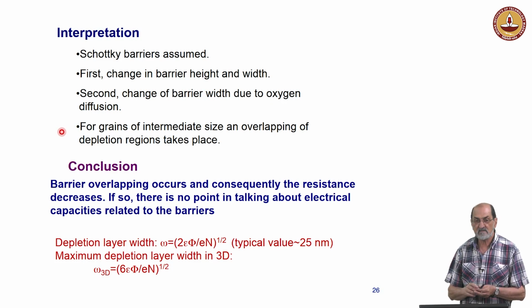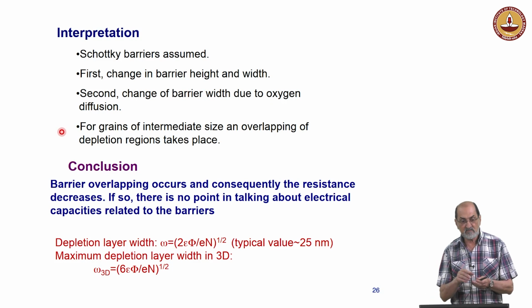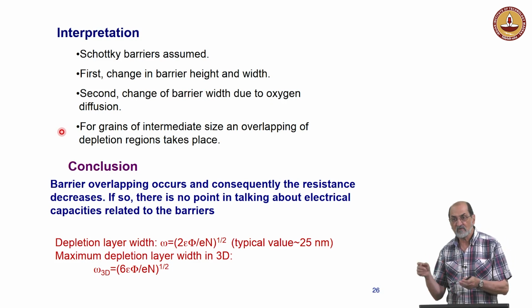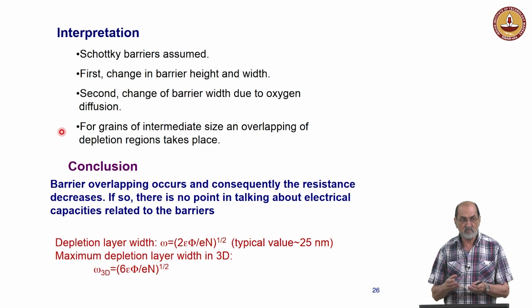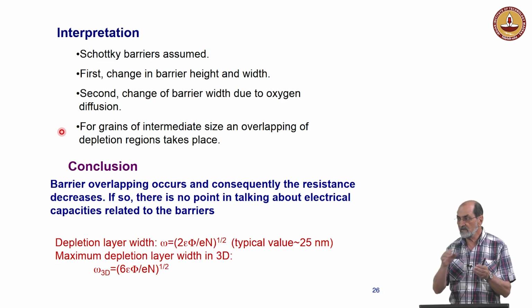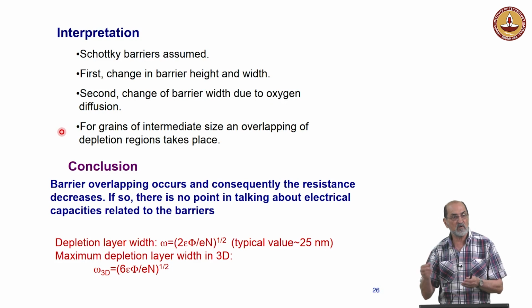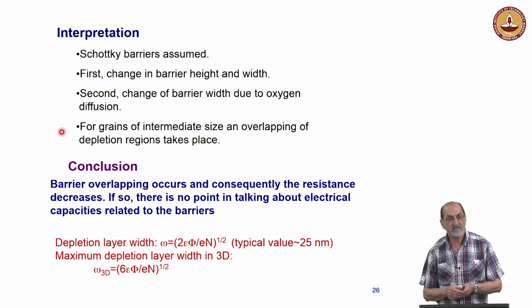If that is the case, the mechanism for conduction could be a completely different one. We are not having Schottky barriers in the regular idea where you have a bulk, the barrier, and electrons go from a bulk region to a bulk region. So the mechanism of conduction is going to be different.